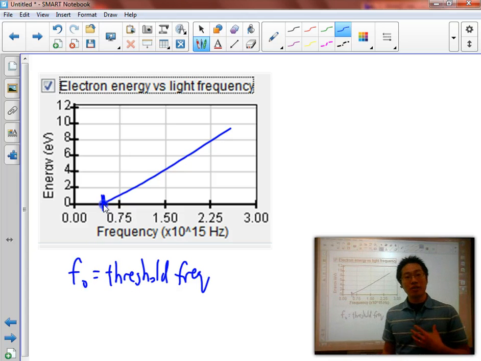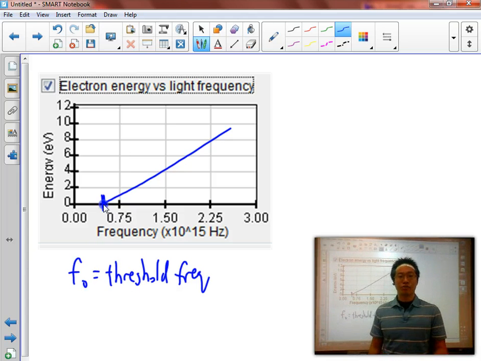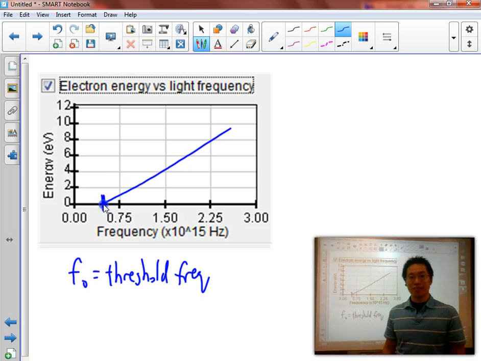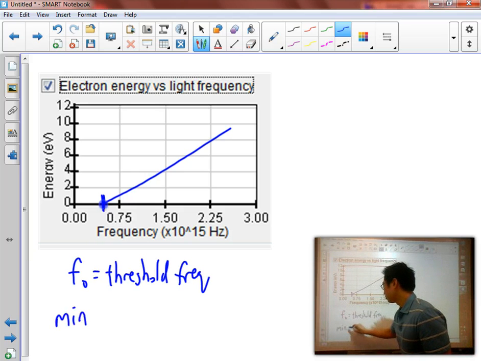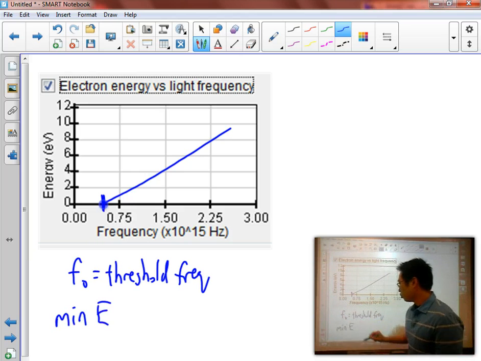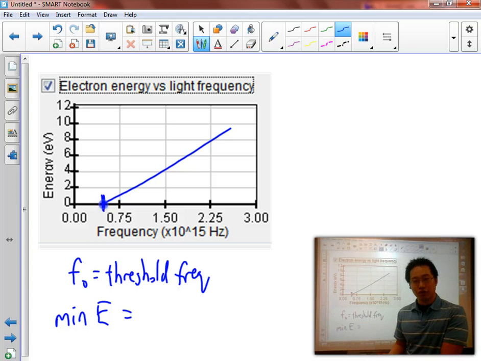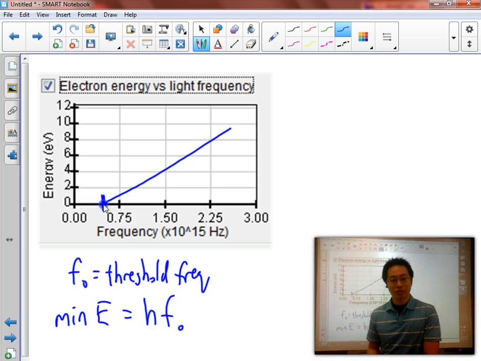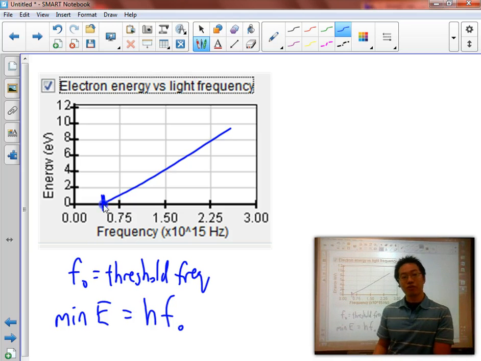So since we know the minimum frequency needed to knock an electron out, then in order to solve for the minimum energy needed by the photon, we'll just solve for energy all over again: h times the threshold frequency. Because by multiplying by the threshold frequency, we can solve for the minimum energy.